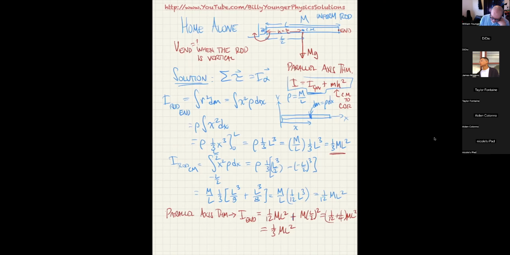Now that I know my moment of inertia, I can just write Newton's second law for rotation. And what we're going to get is the summation of the torques is equal to I times alpha. In fact, there's really only one torque acting on it, and it's the gravitational torque.